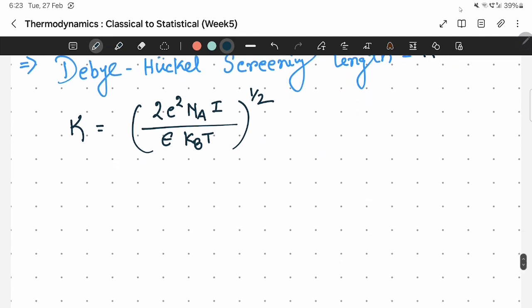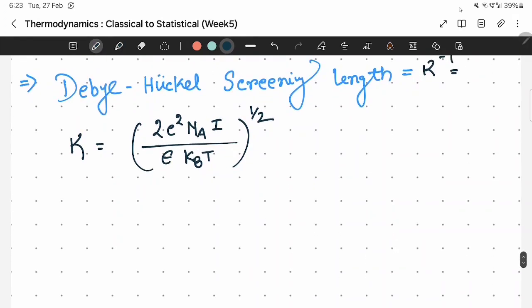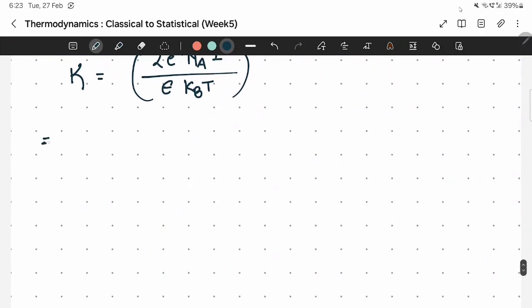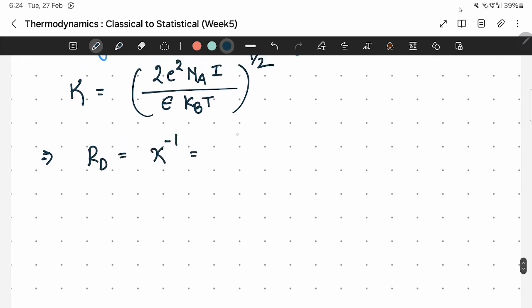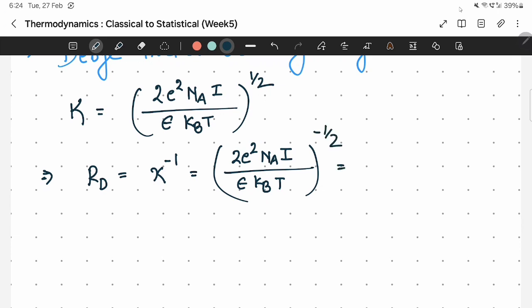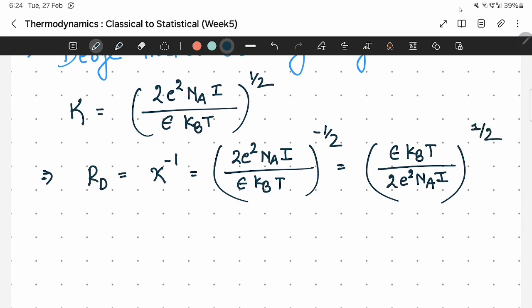So the Debye screening length, which we can also write as RD, will be kappa inverse. That will be (epsilon kBT divided by 2 e square NaI) to the power half. Okay, so this is the Debye screening length.